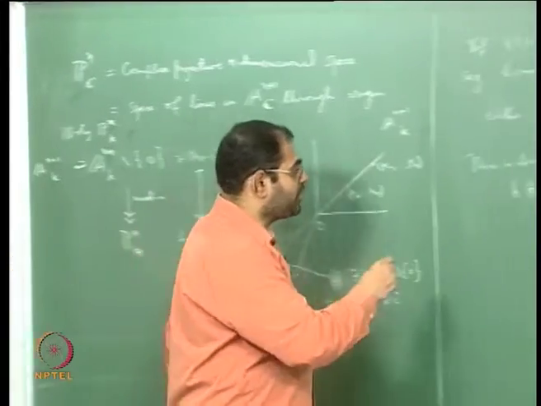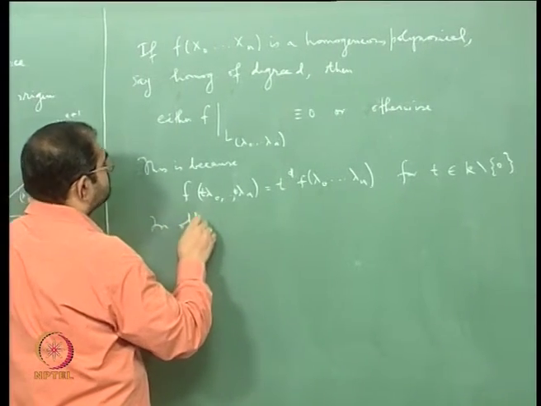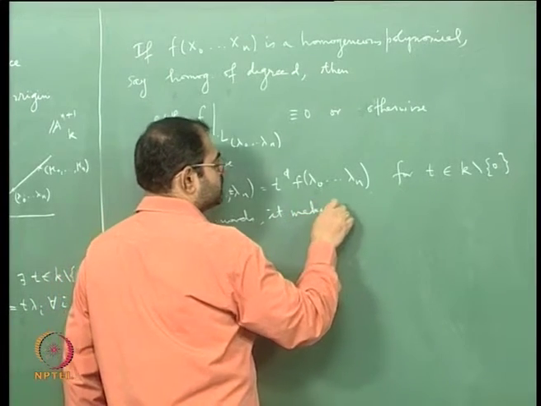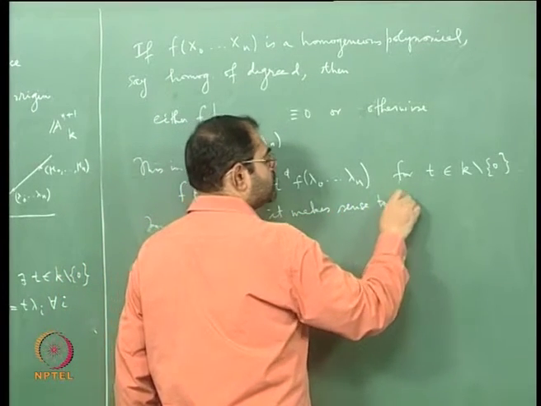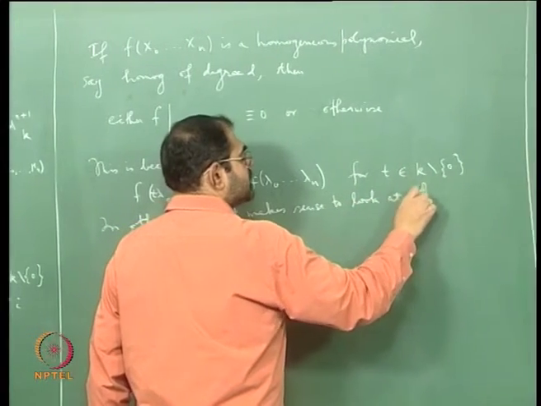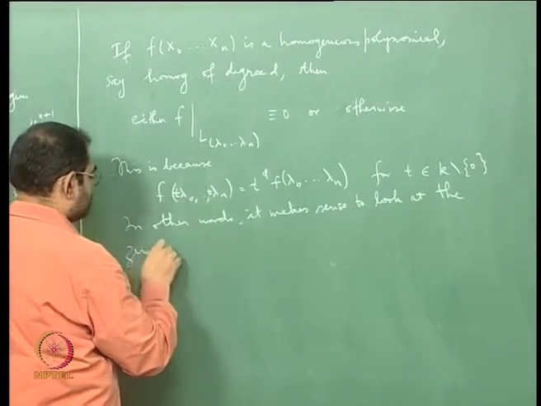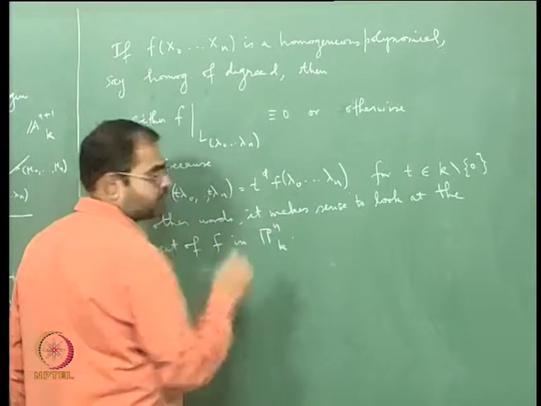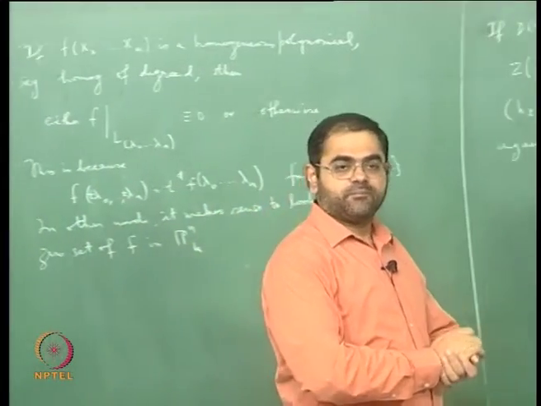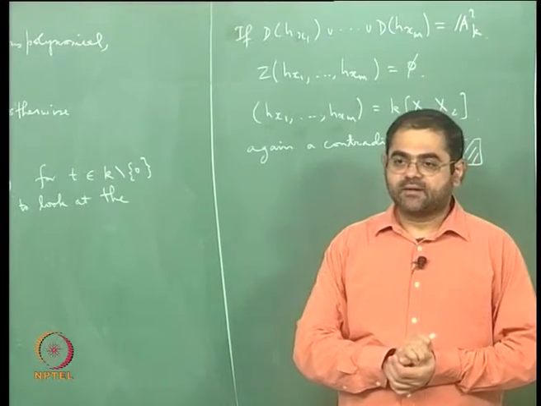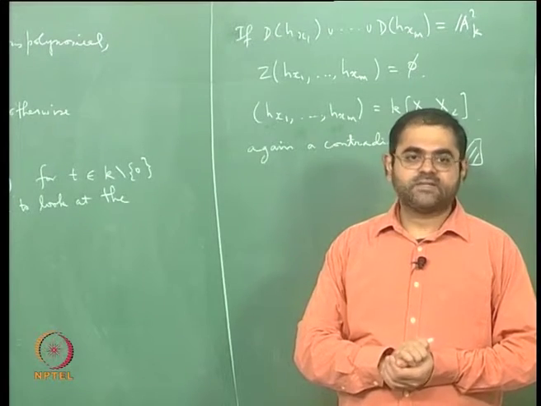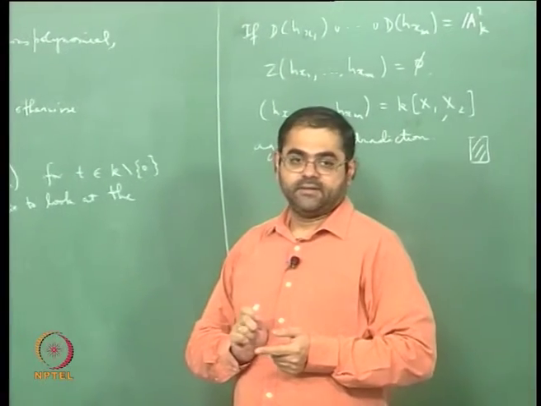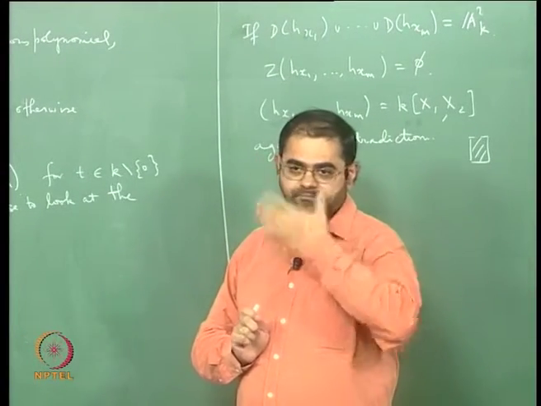So in other words, it makes sense to look at the zero set of f in P^n. Okay, what is the zero set of f in P^n? A point in P^n where f does not vanish corresponds to a line on which f does not vanish. A point in P^n where f vanishes corresponds to a line on which f vanishes, okay.